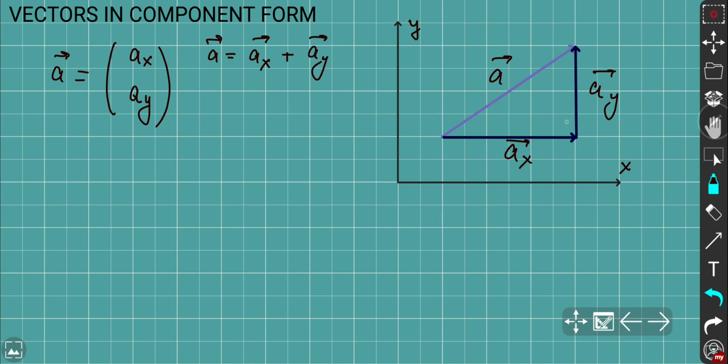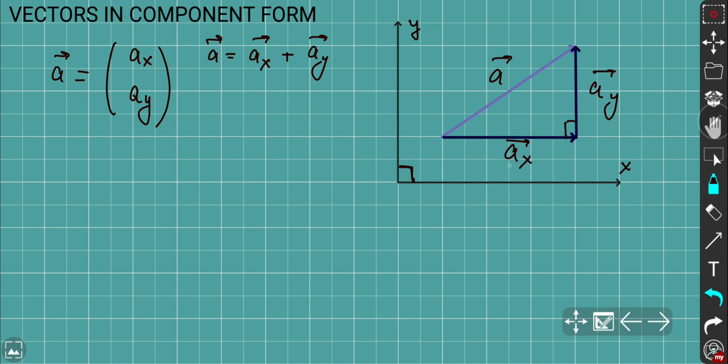In this case, we took two vectors that are perpendicular due to the fact that we have a rectangular system, basically the Cartesian plane represents two axes, x and y, that are perpendicular. And because we follow the x direction for AX and the y direction for AY, we also have two perpendicular vectors. So, using the addition rule for vectors, we can set up vector A as simply two vectors, each going along the x and y direction correspondingly.